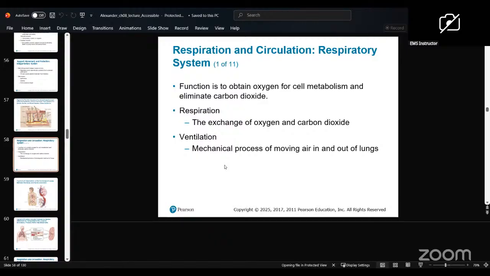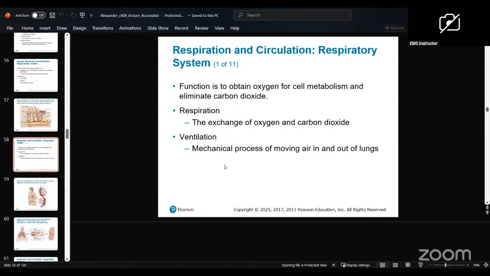We cover this again in respiratory, but I'm going to hit it again now. The more you hear it, the more likely you are to remember it. So the function of your respiratory system is to obtain oxygen for cell metabolism and eliminate the carbon dioxide. We do this through a process called respiration. This is the gas exchange, is what we refer to this as.